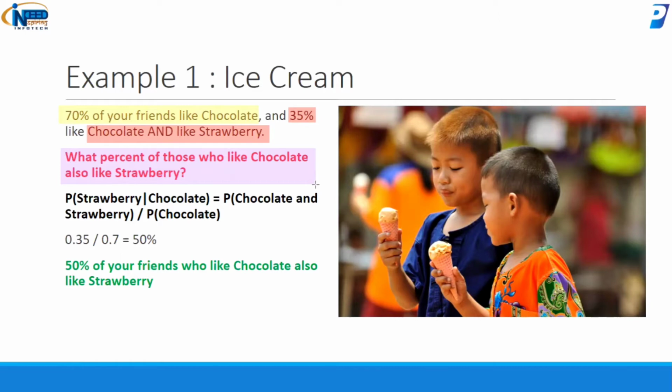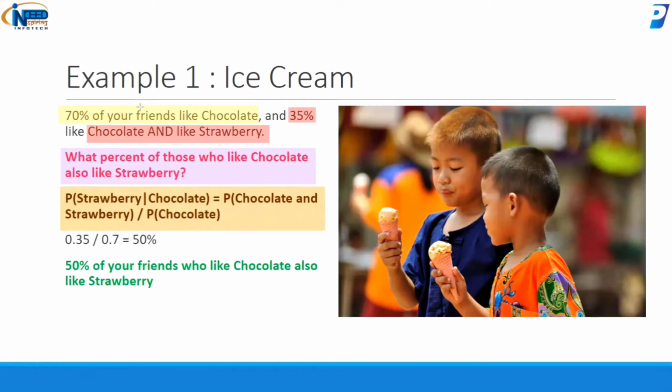Putting this into the conditional probability formula we have derived, it can be put like this. Probability of strawberry given chocolate is already true, that is, they like chocolate, is equal to probability of chocolate and strawberry divided by probability of chocolate.